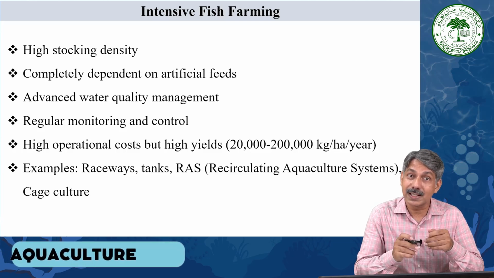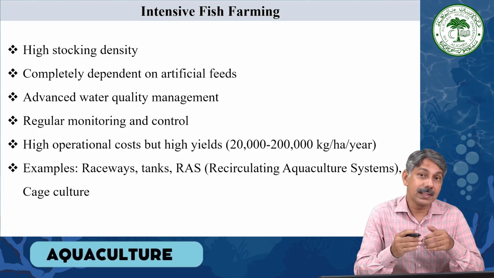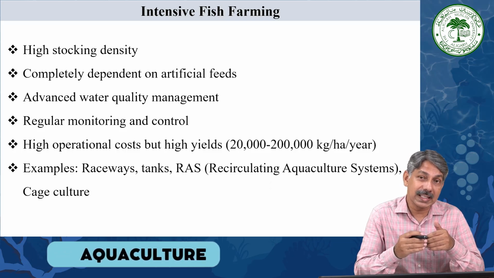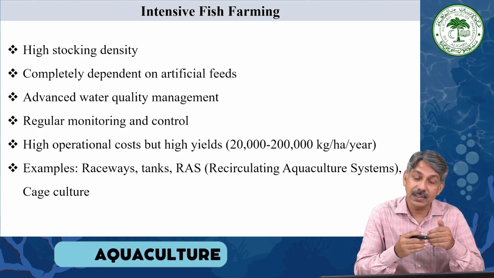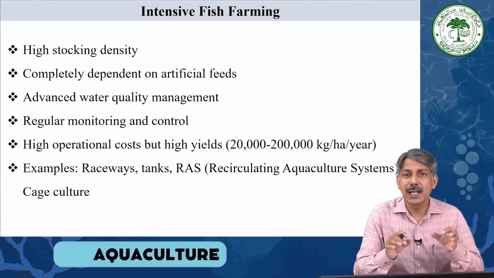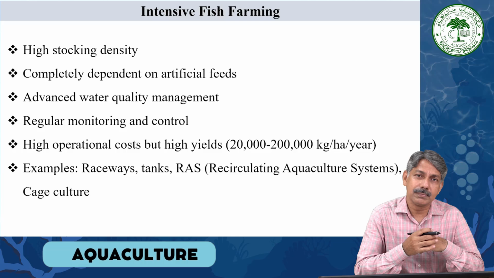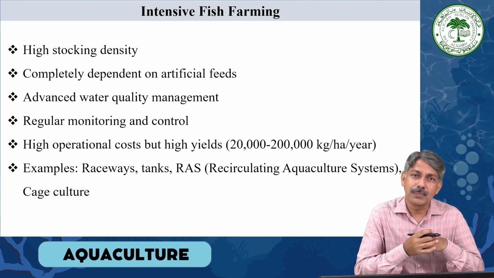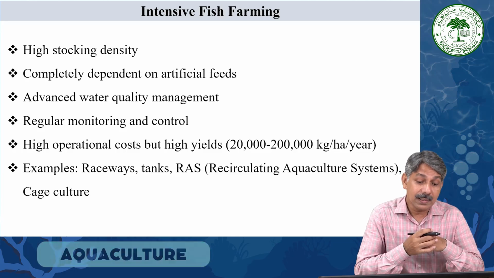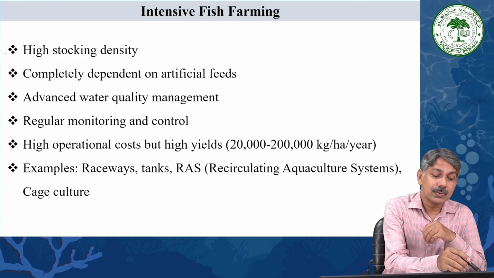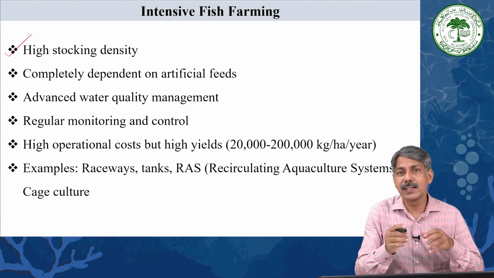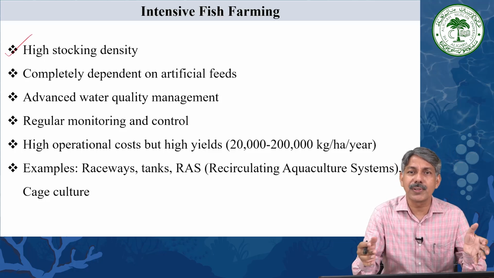Then in semi-intensive, we moderately increase the stocking density, with some management interventions, providing artificial supplementary food from outside. But now in intensive, we use very high stocking density. In fact, here you have taken control of almost everything.